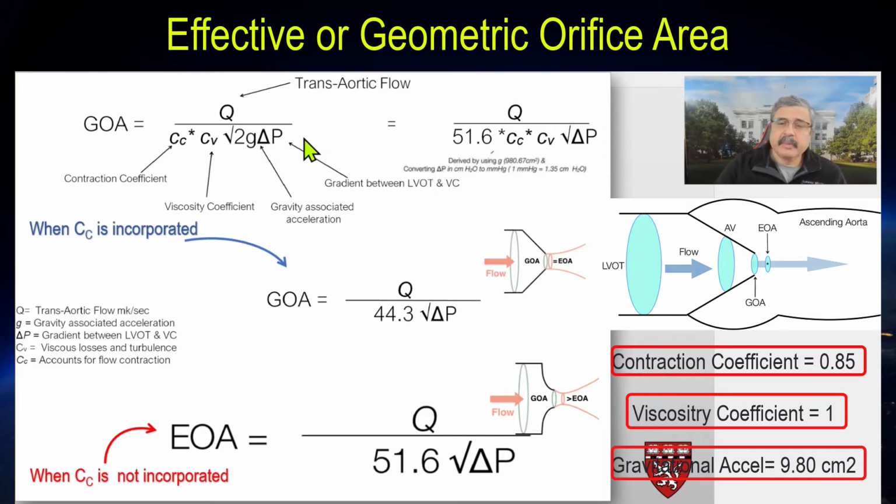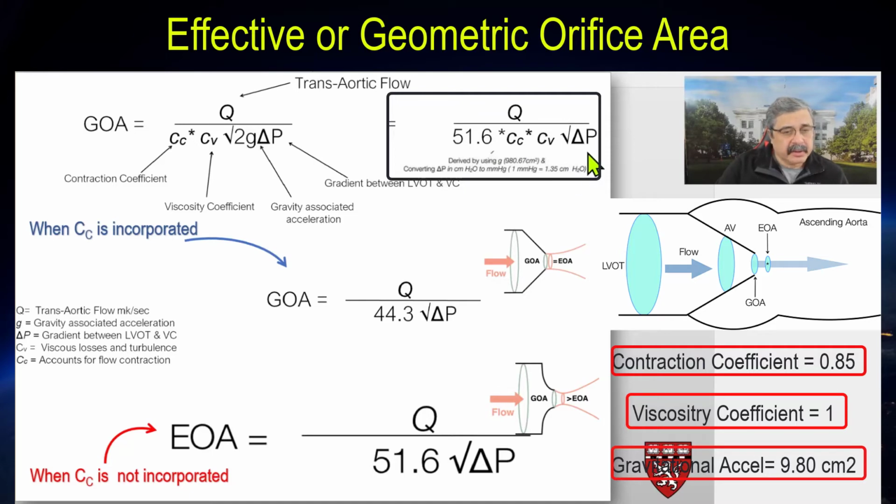So let's get to step 1. As the first step in the process, the gravity-associated pressures, as well as the gradient across the aortic valve, are converted from centimeters to millimeters of mercury. And it turns out that the gravity-associated acceleration term becomes 51.6 times the contraction coefficient times the viscosity coefficient times the gradient.